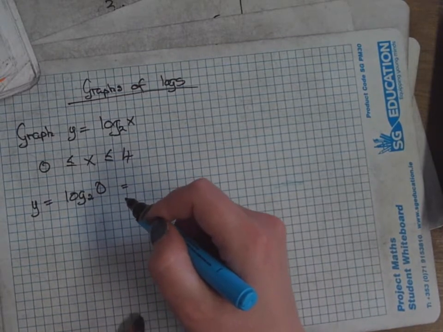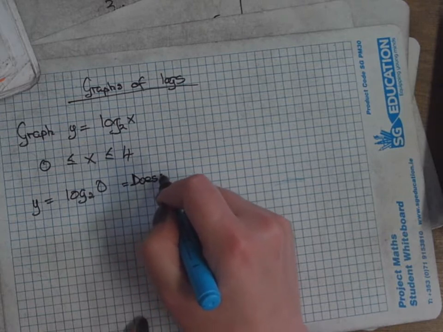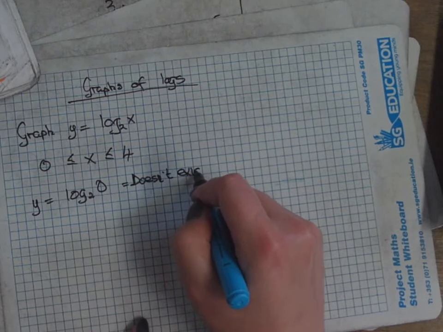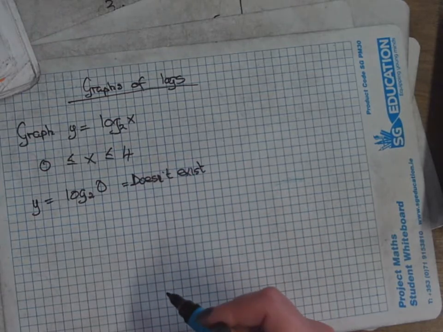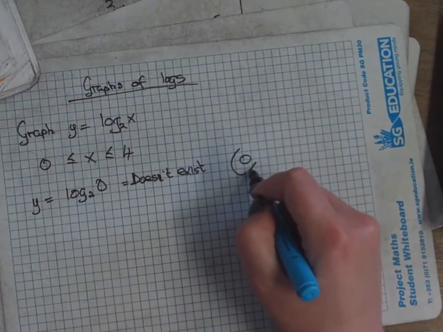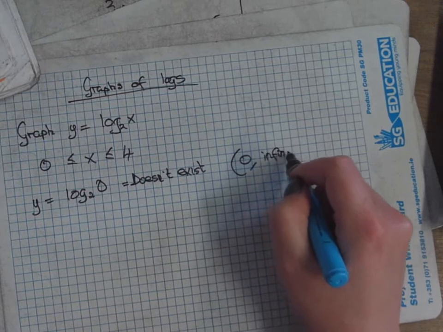You can't get the log of 0. So I have the point at minus infinity. Infinity means it doesn't exist, right?